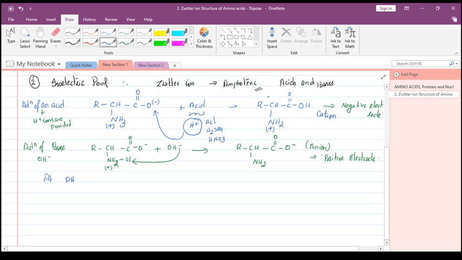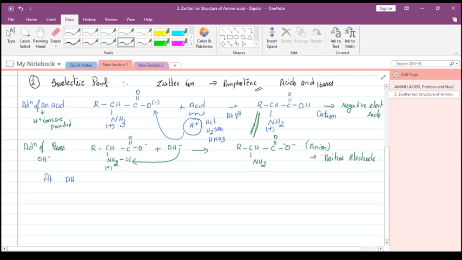When these concentrations become equal, at that pH there will be no resultant migration of amino acids in an electric field.